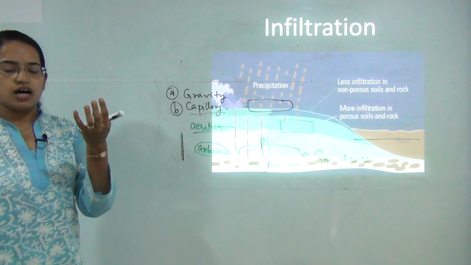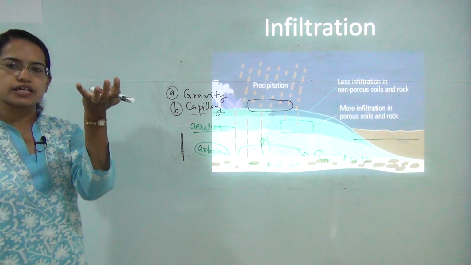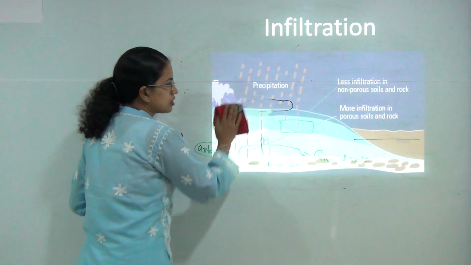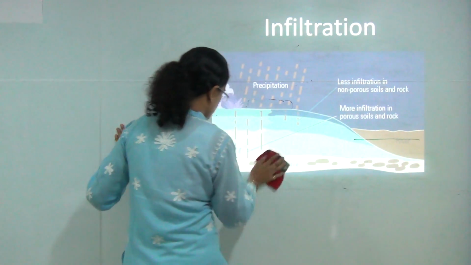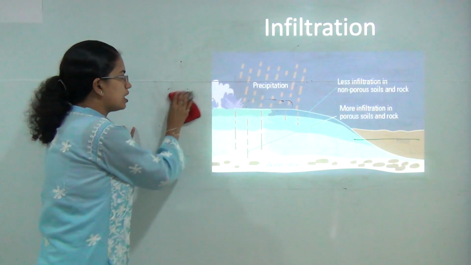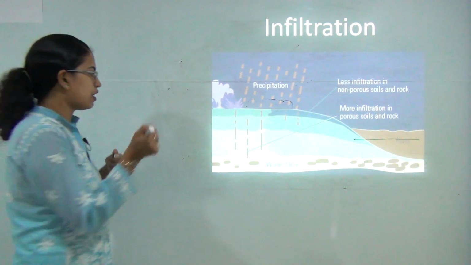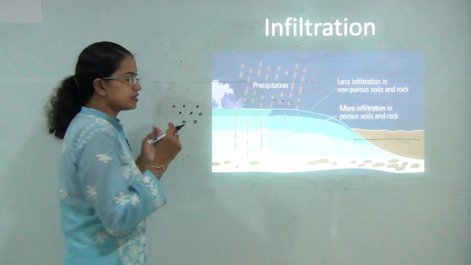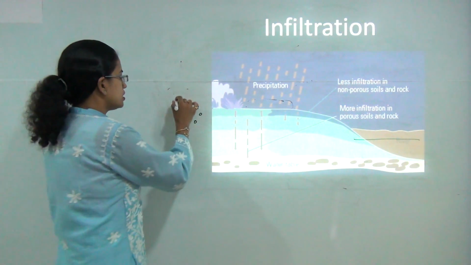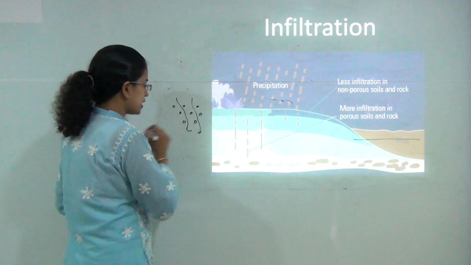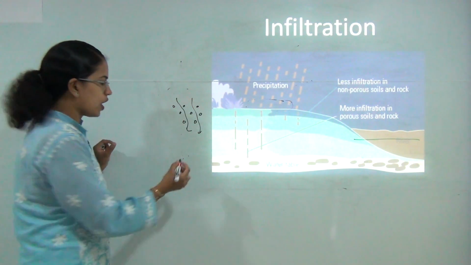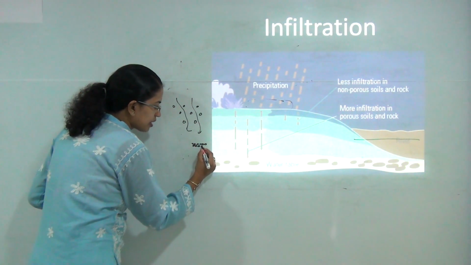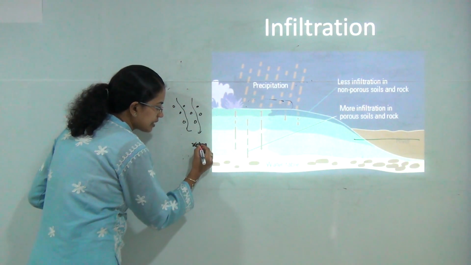Infiltration is the amount of water that is trying to move into the soil. Infiltration also depends on numerous parameters. If the soil is very porous, a lot of water will move down or infiltrate. If I have very porous soil with large particles, this water will easily percolate. However, if there is a soil which is tightly packed, for example clay soil, the water would find it hard to move down.